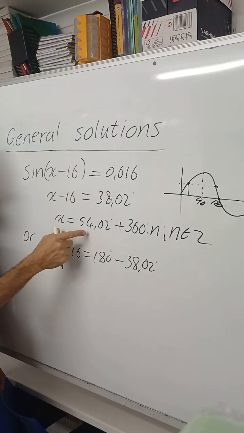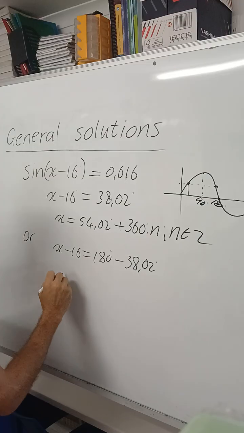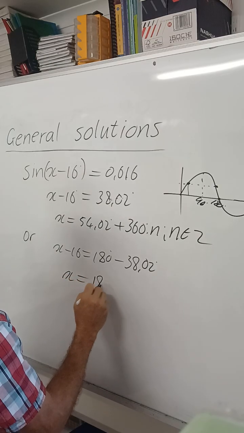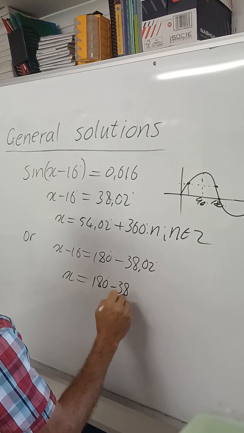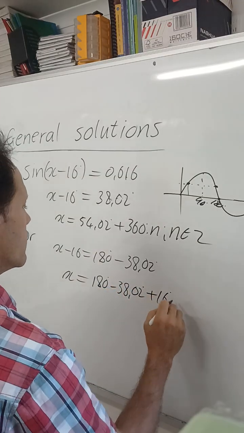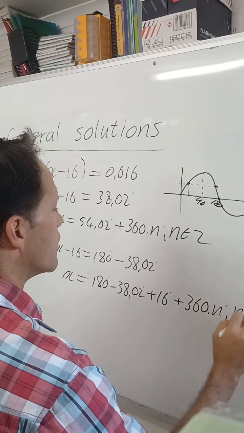And then for this one, take it over, subtract the 38. So what does that give you? 180 minus 38,02 plus 16, and then plus 360 times n.